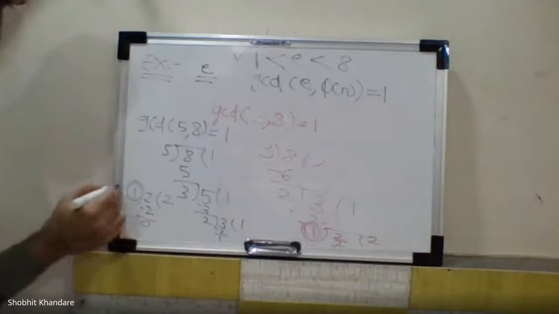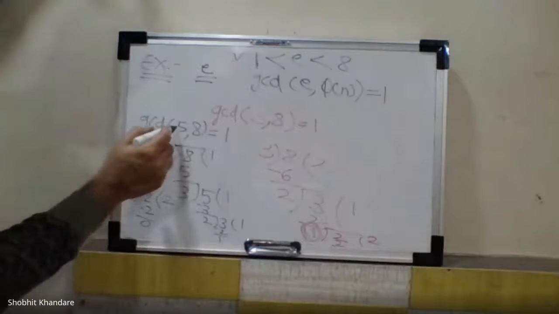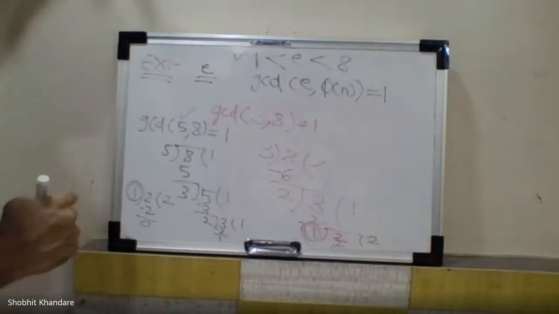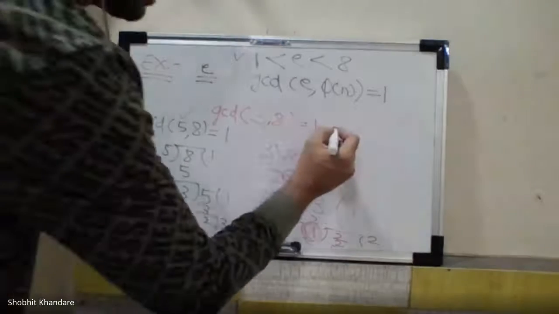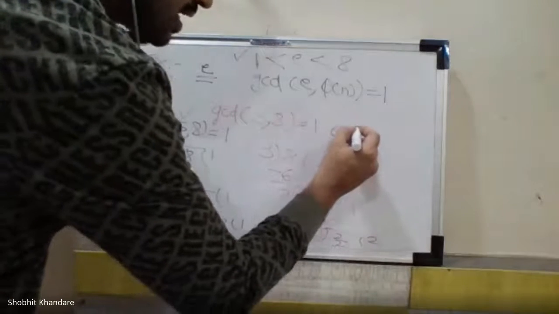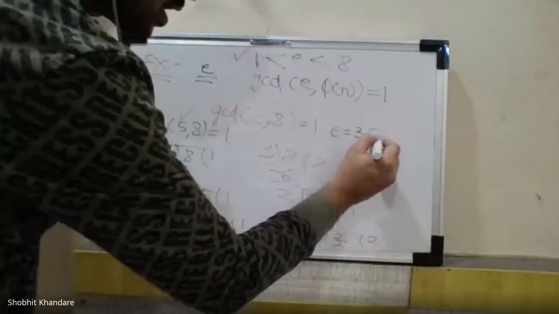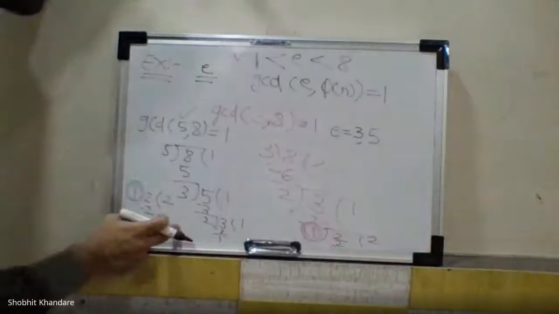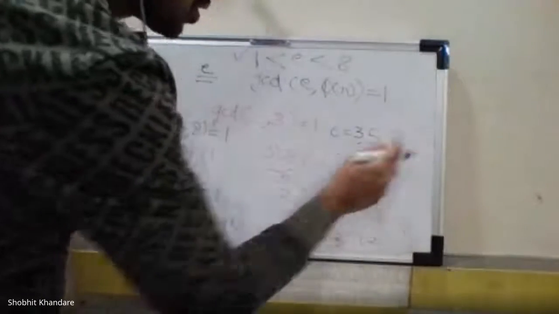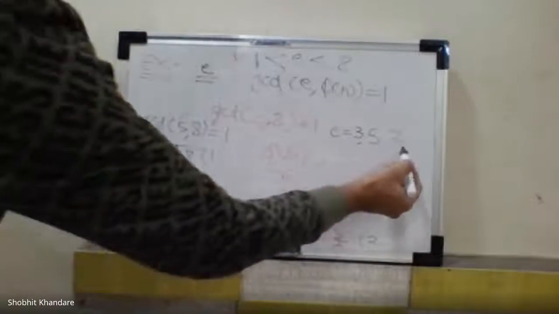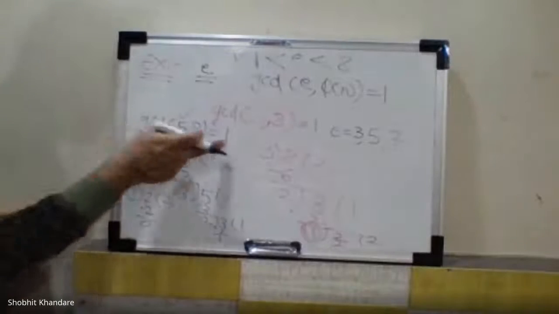Can you see here 1? That means I can take 5 also. I can take the value of E as 3, I can take 5, and even 7 also. If you want to try, you will see that the GCD of 7 comma 8 is 1.